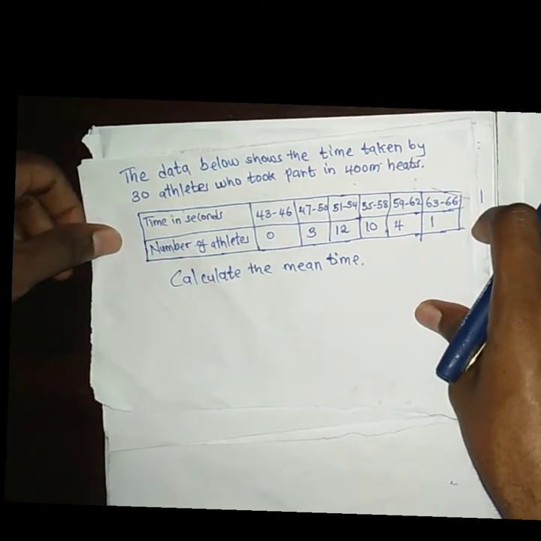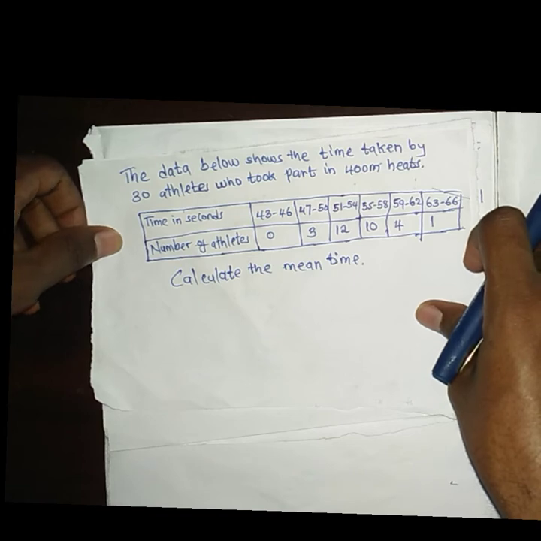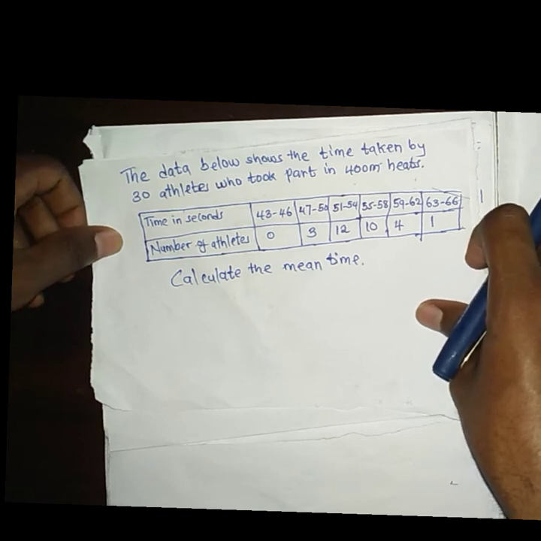So in our frequency distribution table, we need at least 5 to 6 columns.